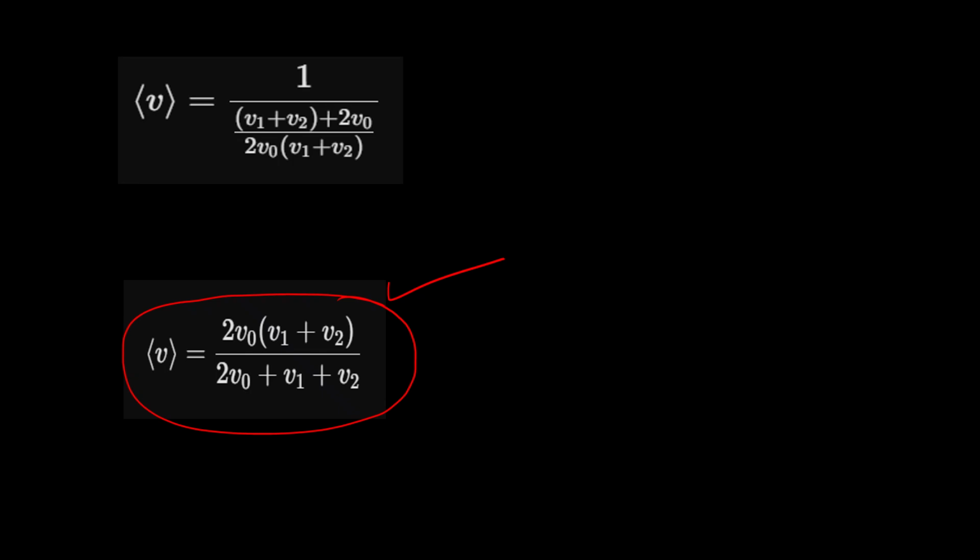Finally, by rearranging the terms in the denominator, we arrive at our fully simplified final formula for the mean velocity, v equals 2v0 times open bracket v1 plus v2 close bracket, all divided by 2v0 plus v1 plus v2. This formula now relates the mean velocity directly to the initial velocity v0 and the two velocities v1 and v2 from the second half of the journey.